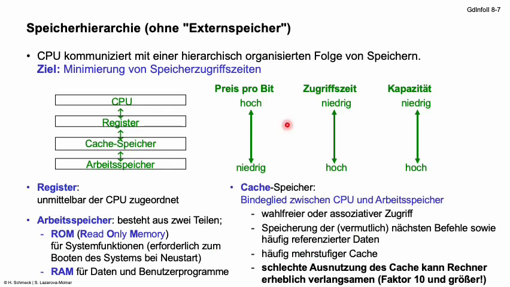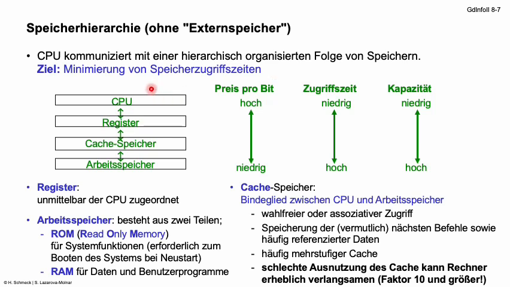As I already mentioned, modern computers usually have a hierarchically organized sequence of memories, and the goal of this is to minimize the storage access times. So they don't have just one memory, but a couple of different memories at different levels.